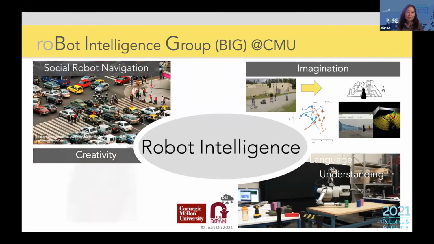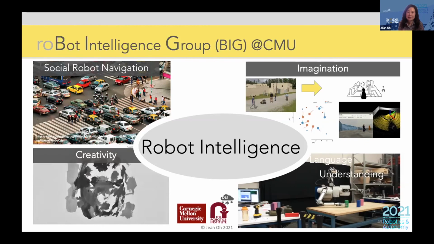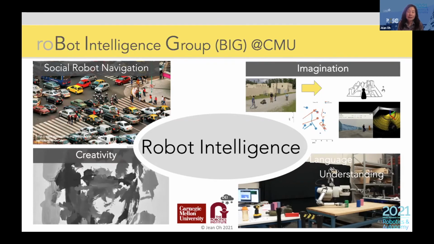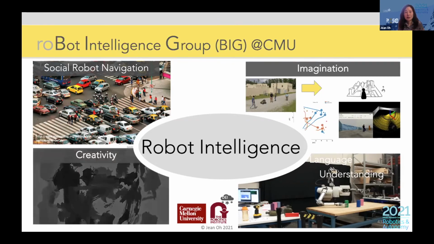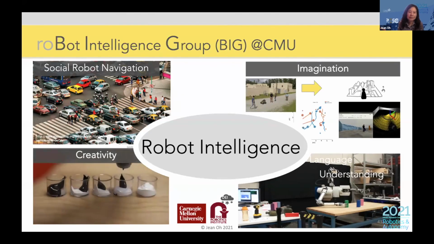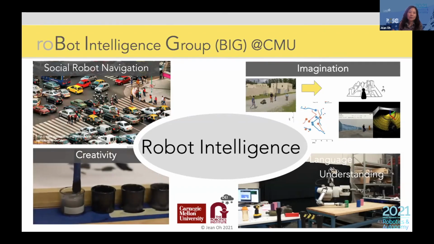I have been organizing a workshop on creative AI, with work on robot painting, for instance, or generating a novel using AI algorithms. These are very fancy and cool work, but what's missing is, from the scientific point of view, the evaluation is extremely difficult. It's only very subjective and qualitative. So how do we actually propose some metrics for evaluating the artifacts created by an AI system? That's another new direction.